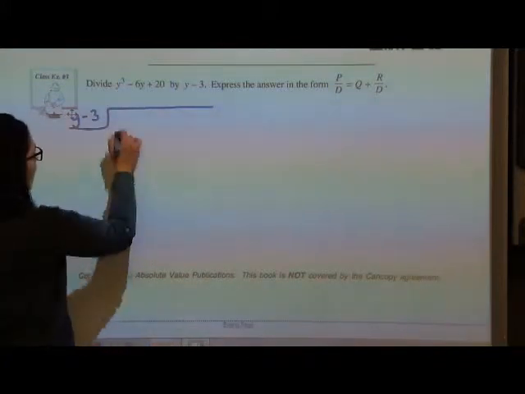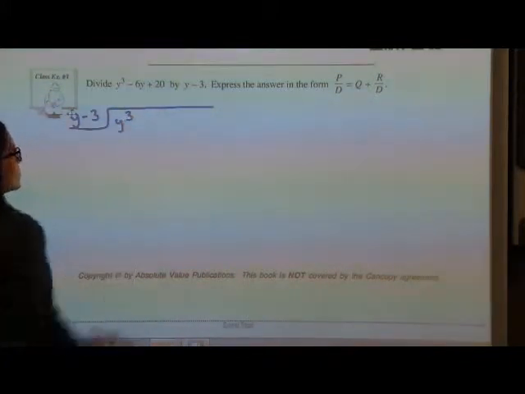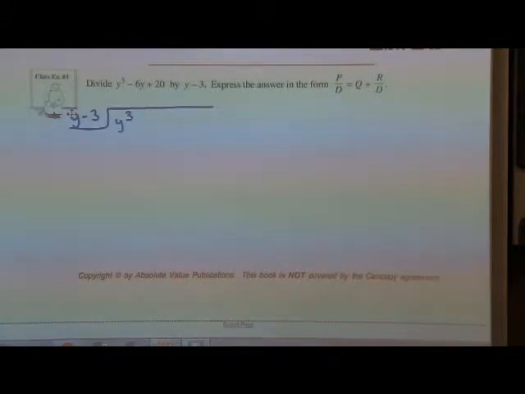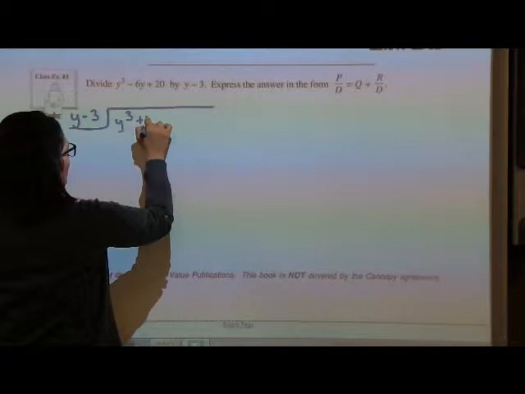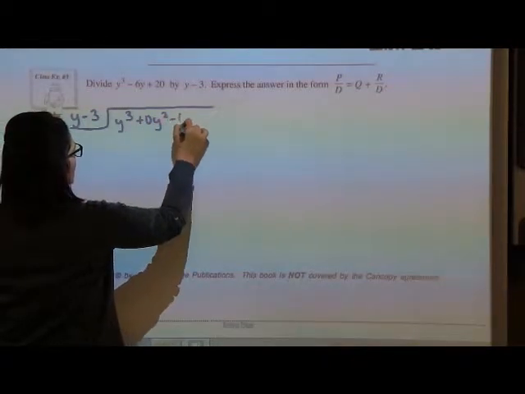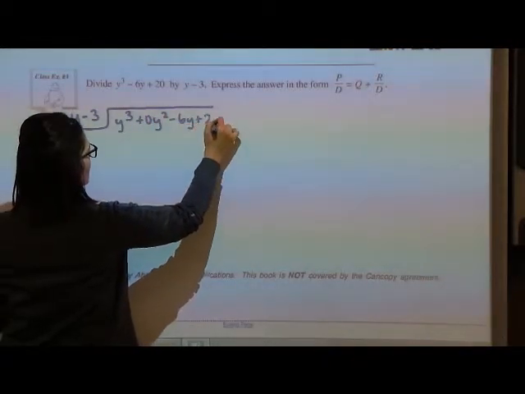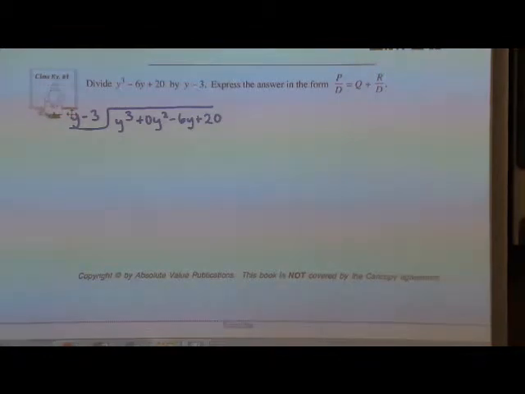The key that I need to remember about my polynomial, it has to be written in descending order and I have to have every variable accounted for. So I'm starting off with a y cubed, which means the next thing that I need to have is a y squared. If I don't have a y squared, I put it down as 0. And it doesn't matter if you put it as minus 0y squared or plus 0y squared because it's still 0.